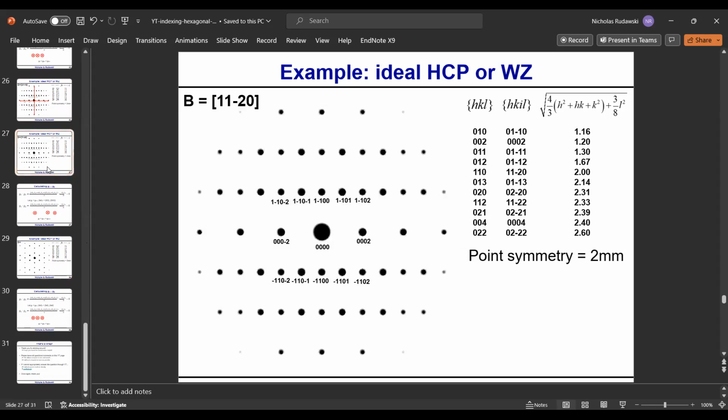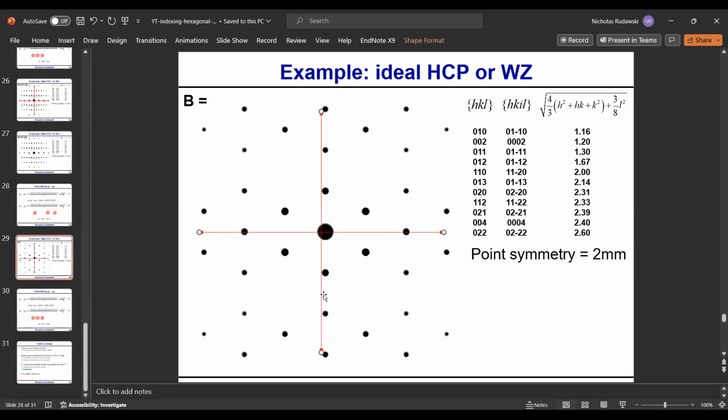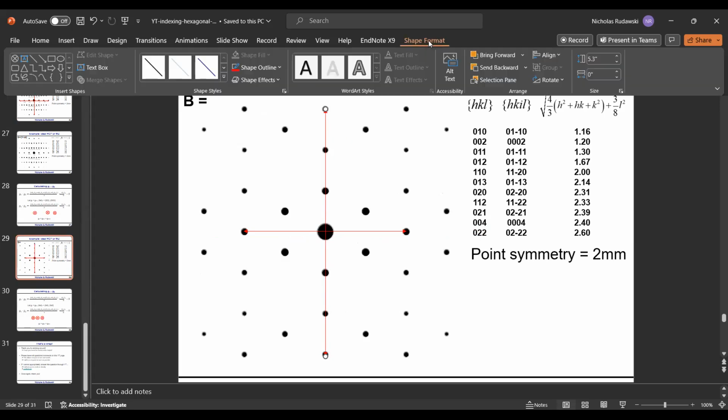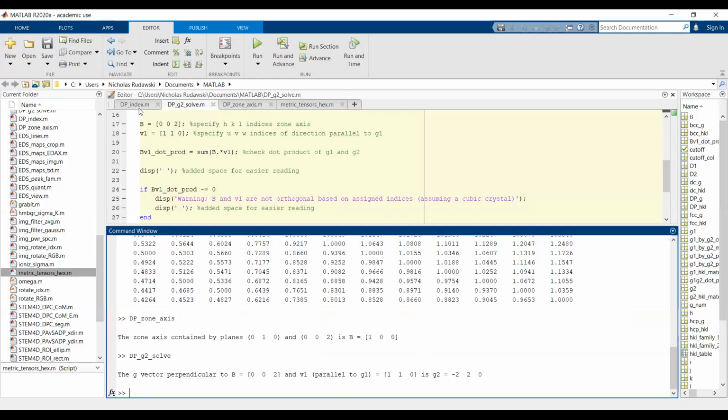So let's go ahead here. Copy, paste. Okay. So G1, we've got 5.3 and 6 intervals.